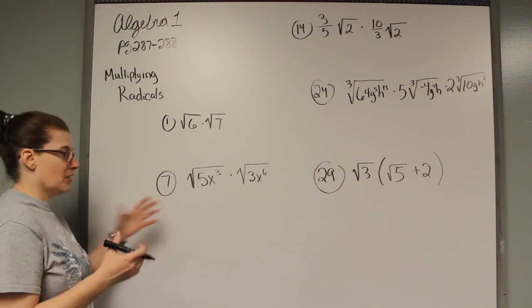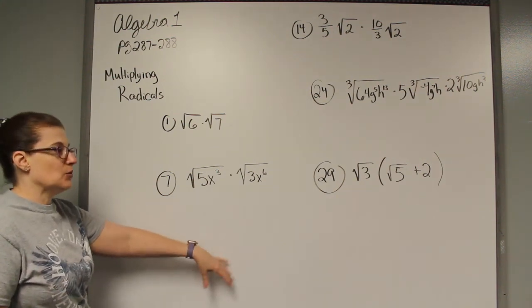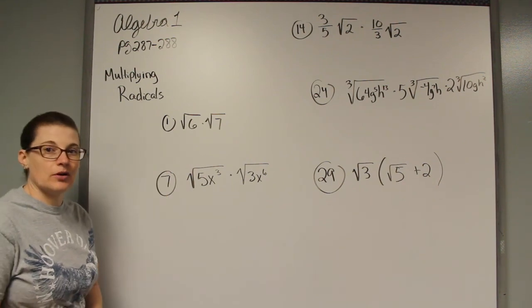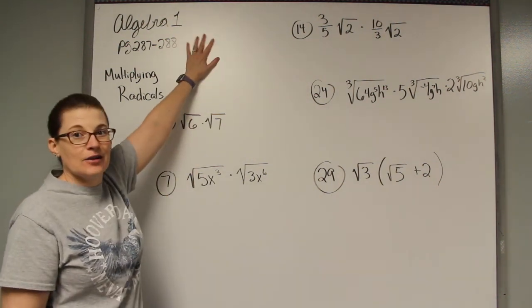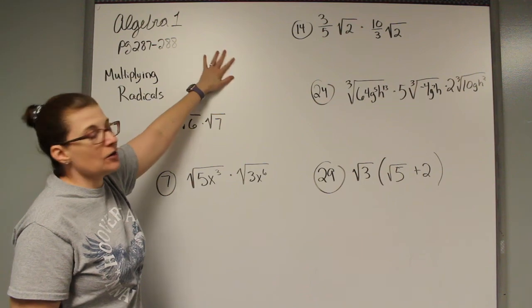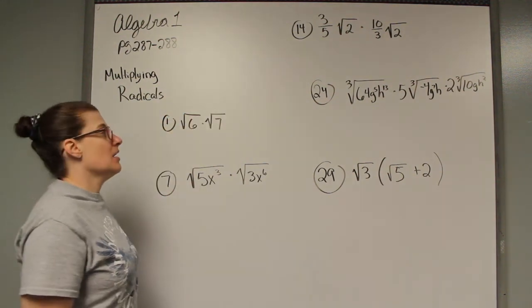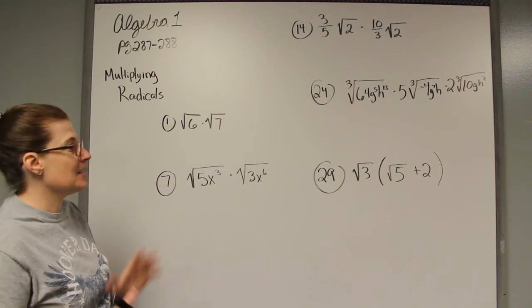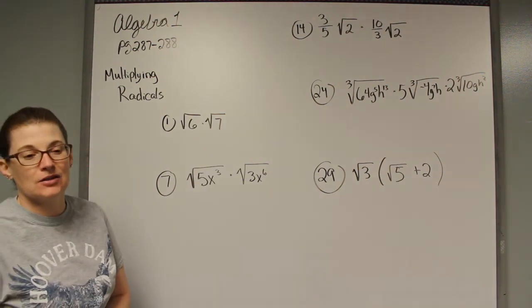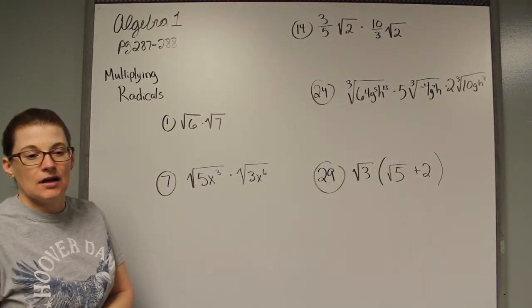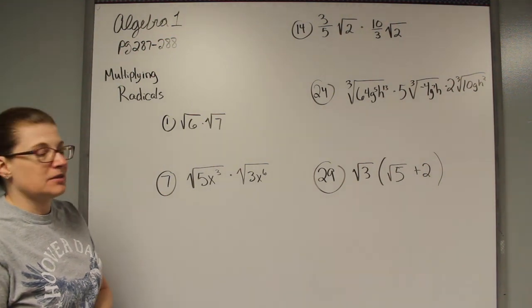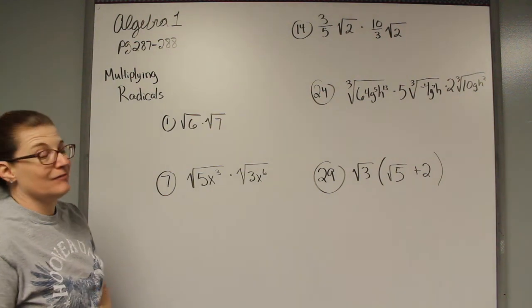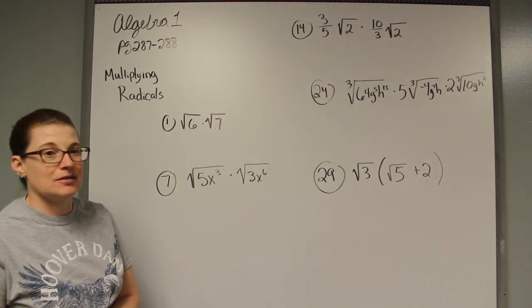There will be a few more problems I want to do with the FOIL method after I do these on the board. I realize there is a glare in this area right here. I'm going to try not to write on it. I've been trying to figure out ways of lighting this up a little bit better, but until I can get out to some place like Lowe's or order something off of Amazon, everything I've come up with looks worse.